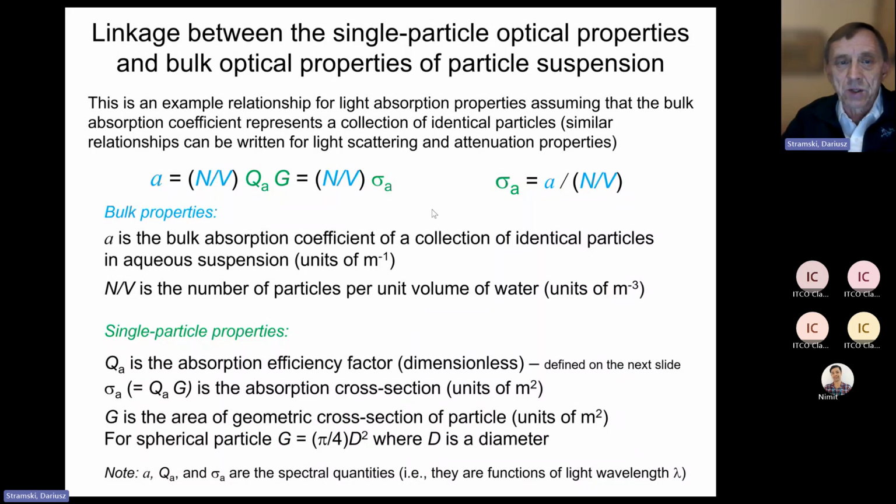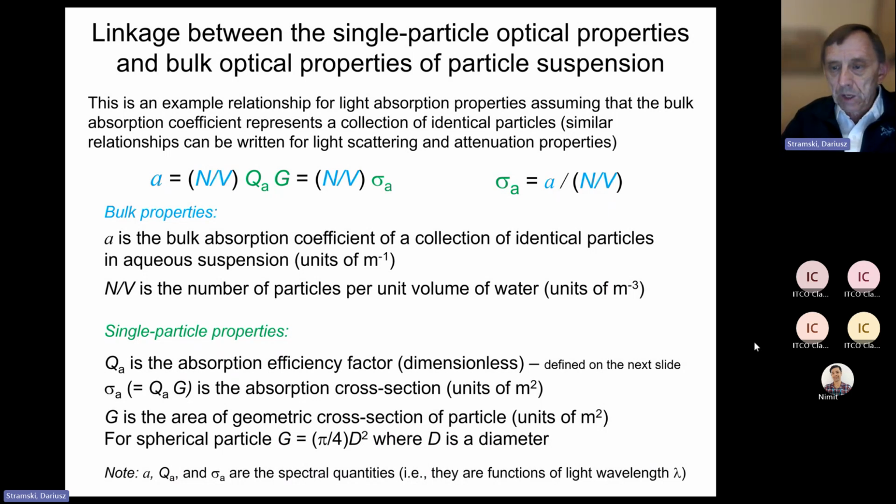So this equation applies in the sense that it's meaningful to determine a single particle efficiency factor or cross-section, which represents an average cell from a population of a single species of phytoplankton, or any other type of particle for that matter.